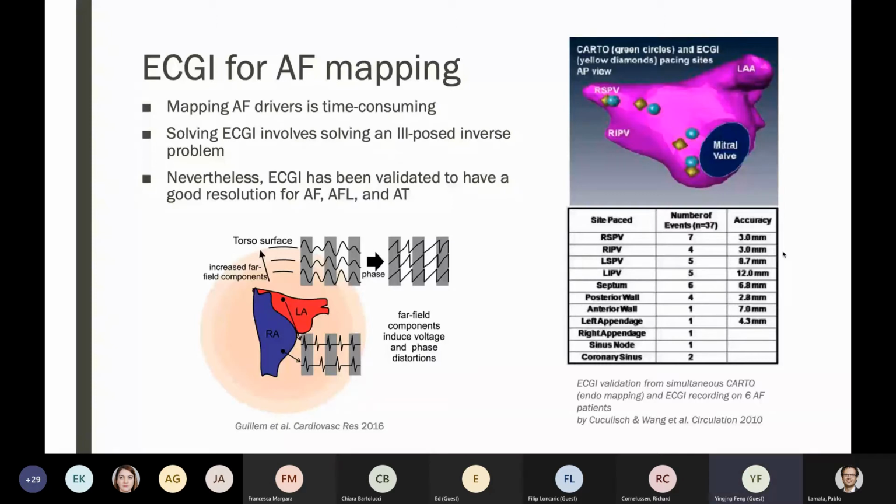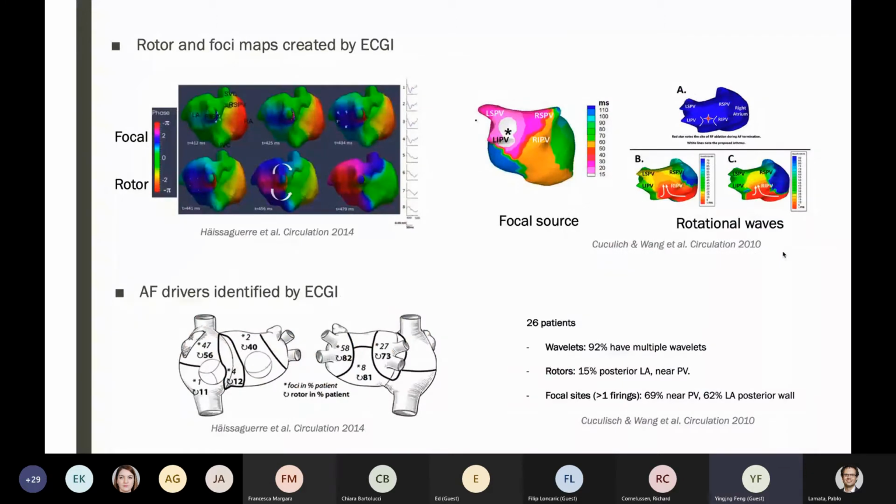ECGI provides rotor and focal maps via phase maps and isochrone maps. These figures show a focal map, because by following the wavefront, shown in blue, you can see waves coming from the center of the RIPV going outwards, and the rotor is a rotational wave.